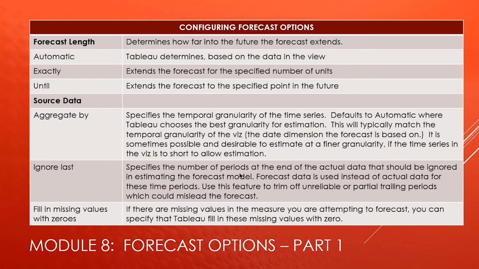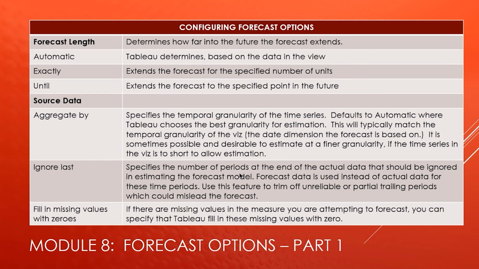When it's set to automatic, which is the default, Tableau will determine what the length is based on the data in the view. When it's set to exactly, it will extend the forecast for the specified number of units, for example, 5 years. And for until, it will extend the forecast to the specified point in the future. So those are your forecast length options.